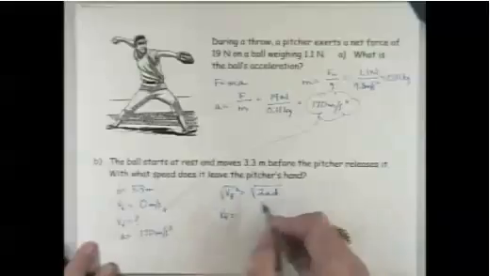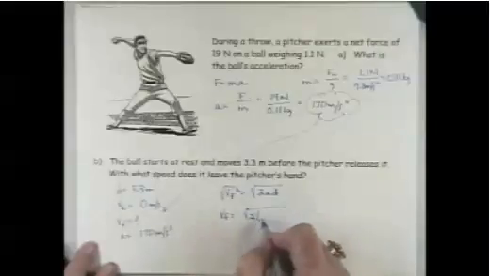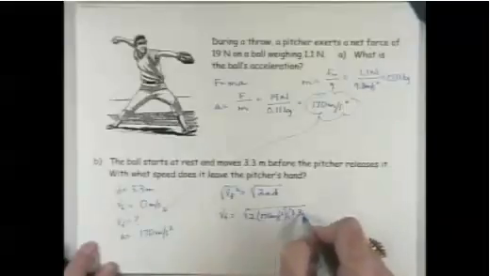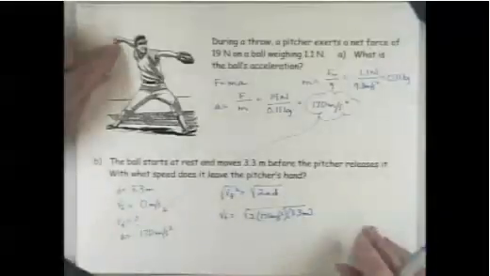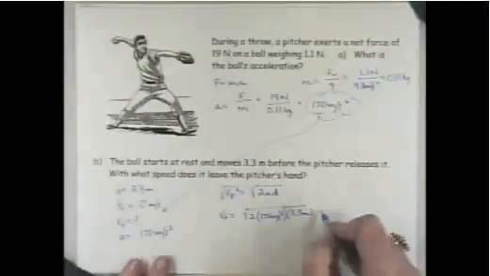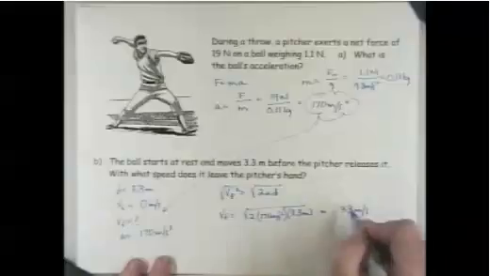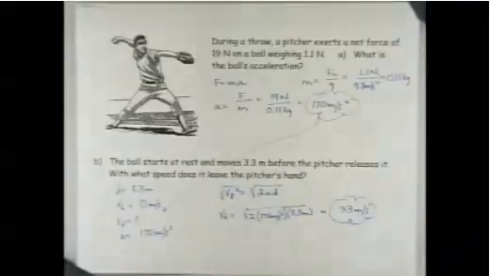Our final velocity will be the square root of 2 times 170 meters per second squared times the distance of 3.3 meters, which is about the distance from this position to the full out extended position. And our answer is 33 meters per second. That's about 74 miles per hour, so it's not a fastball in the major leagues.